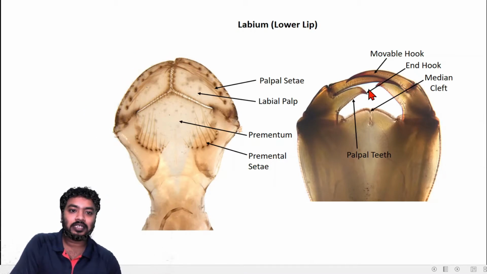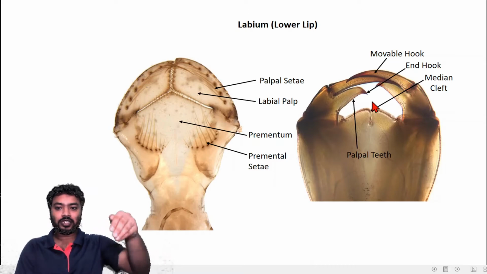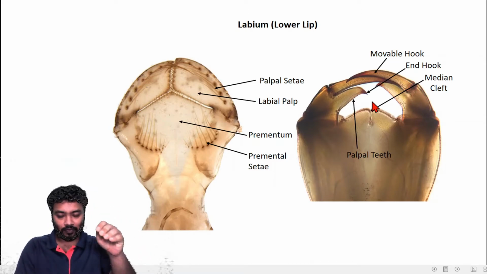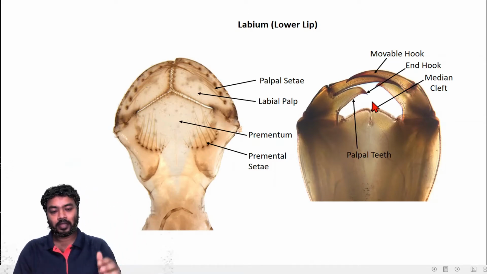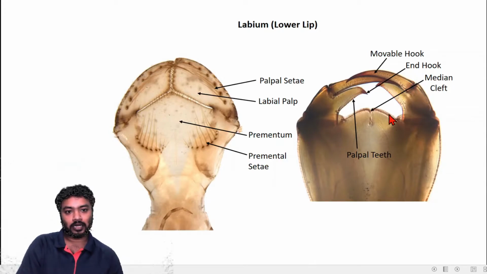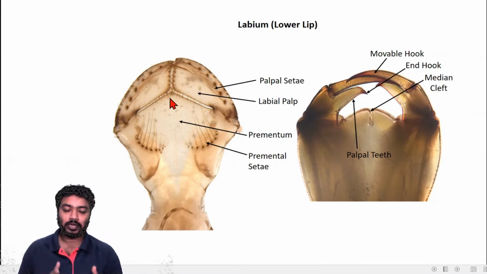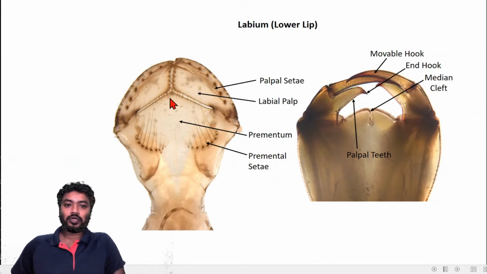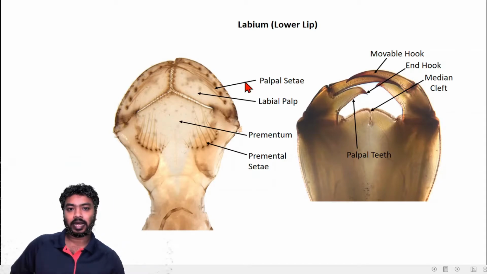Here the labial palp has the end hook, but here there is no hook at this end. Here there is a median cleft, or a depression in the front margin of the prementum, that is known as the ligula. This part is known as the ligula. So this ligula has a cleft, but here it is not there. So there are this kind of very minute characters. You need to take care of all these characters.